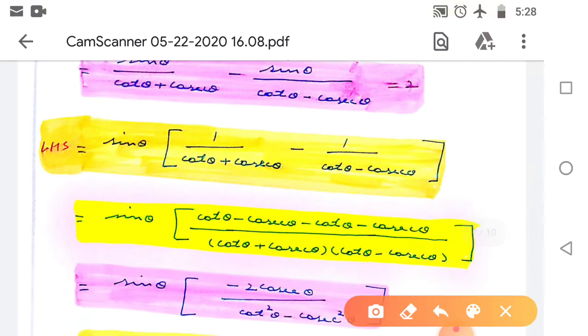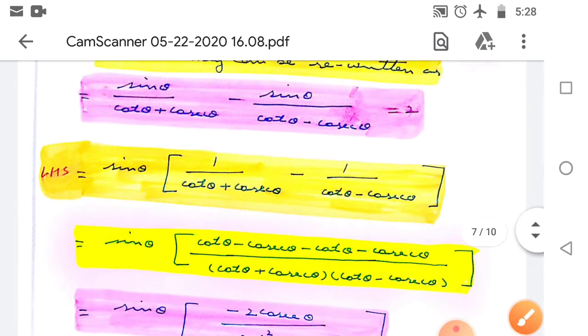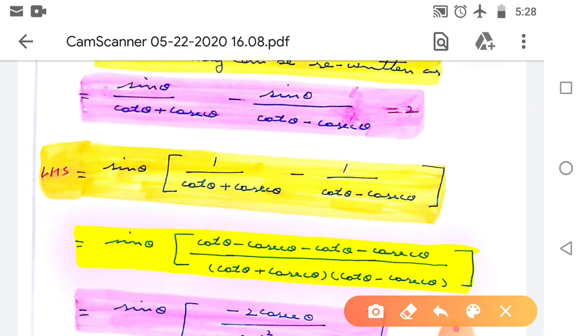The left hand side is, look at, okay. This is sin theta upon (cot theta plus cosec theta) minus sin theta upon (cot theta minus cosec theta), clear. Now, sin theta you can take common. So, in bracket 1 upon (cot theta plus cosec theta) minus 1 upon (cot theta minus cosec theta).